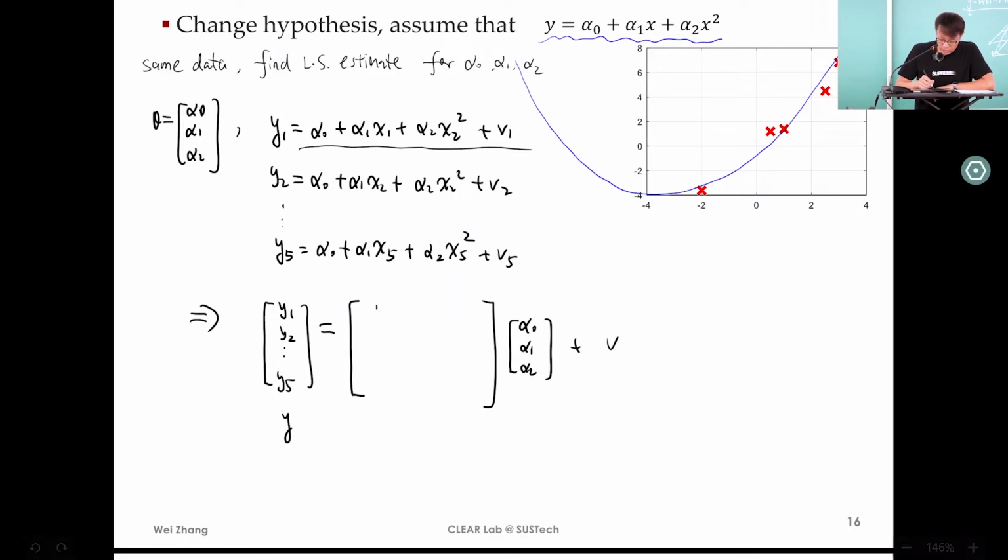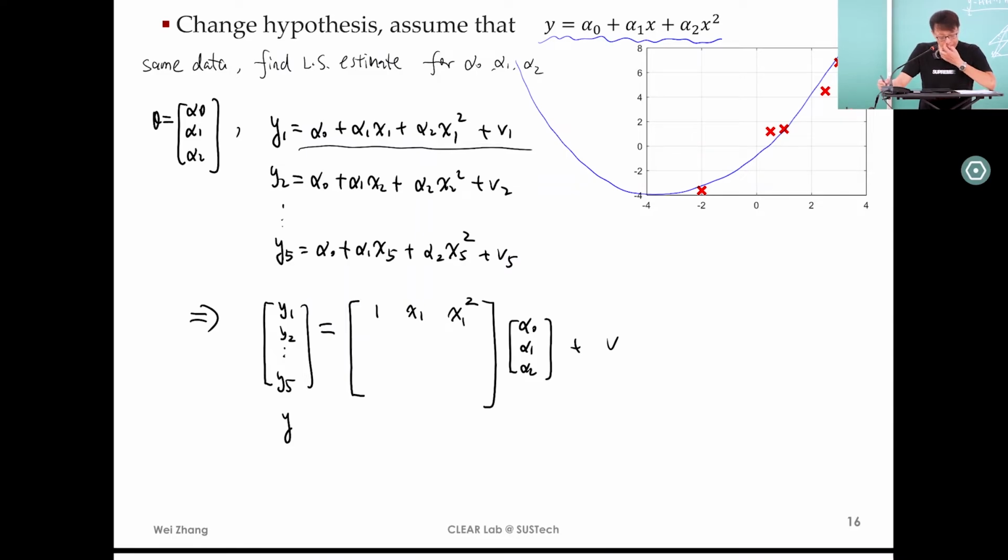It is 1, x1, x1 squared. Oh, sorry, this is wrong. You should correct me. That's confusing, right? The first data point, x1, raised to the power 2.